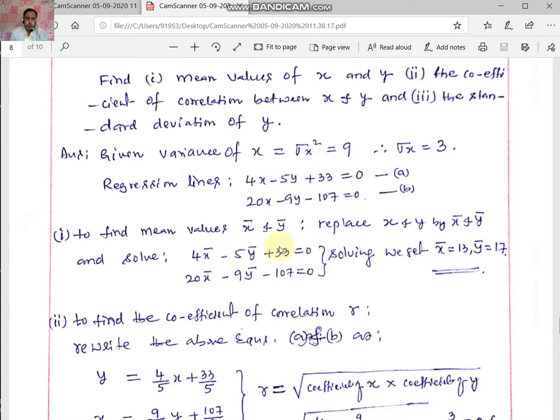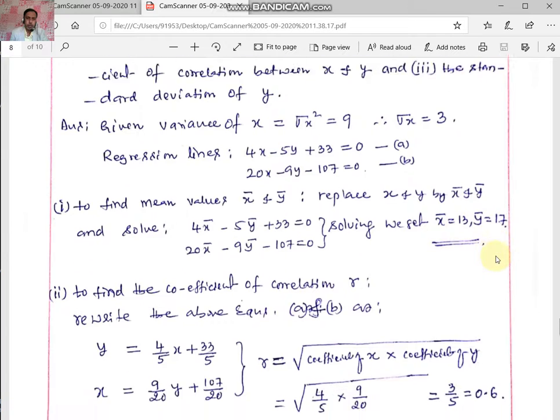Solving for x bar, y bar, we get x bar is equal to 13 and y bar is equal to 17. That is, mean value of x is 13, mean value of y is 17.